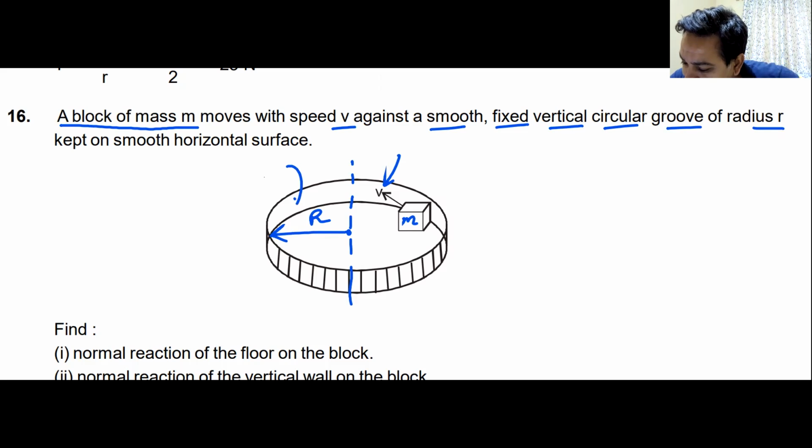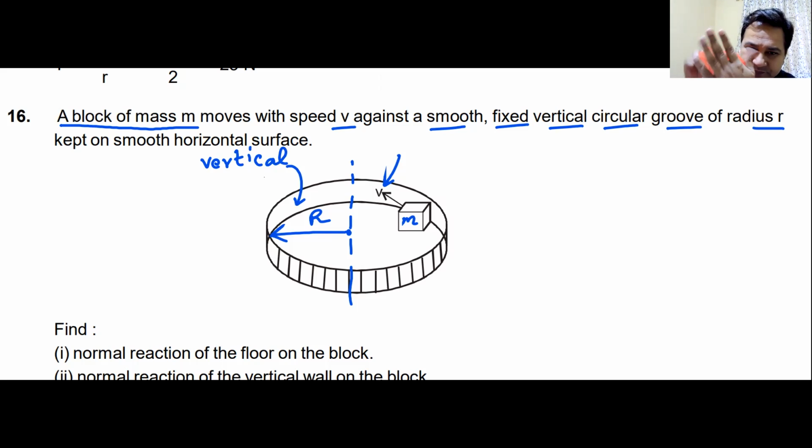This part, which is the vertical part, I can't draw a 3D drawing, and that is why I'm using this. I'll be using this in three or four different ways. So this is a vertical groove, as you can see, and it is circular. This is something like a cylinder, though not exactly cylindrical in shape.